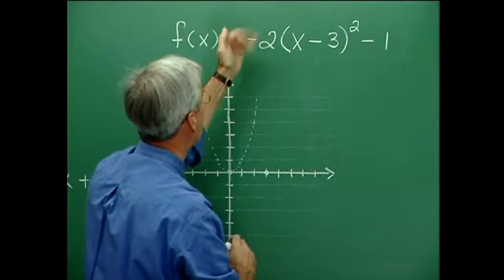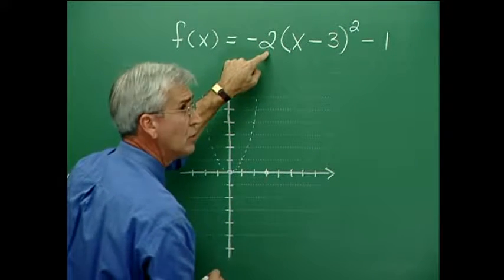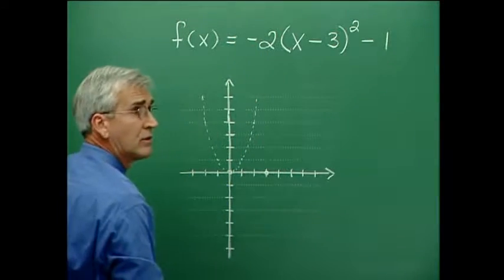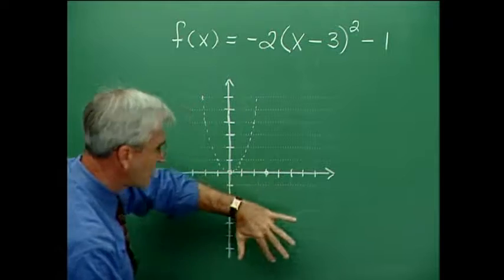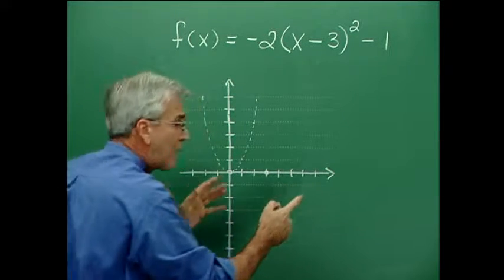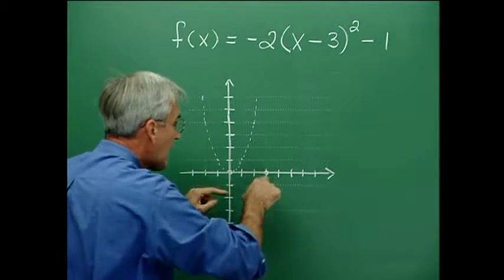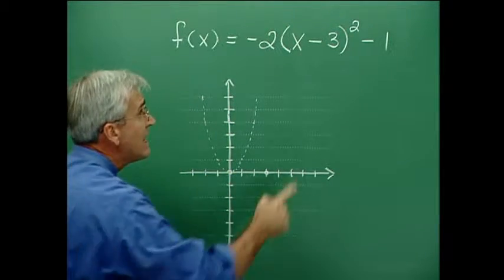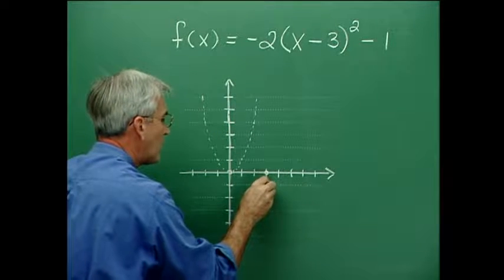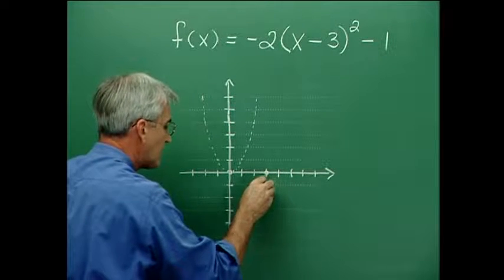That's one way to look at it. Now, the negative on 2 means we want the opposite of all of these vertical distances, and so we have a reflection in the x-axis. So now we have a parabolic curve that opens downward and is relatively thin. And then minus 1 sends the whole graph down 1 on the coordinate plane. So it kind of looks like this.